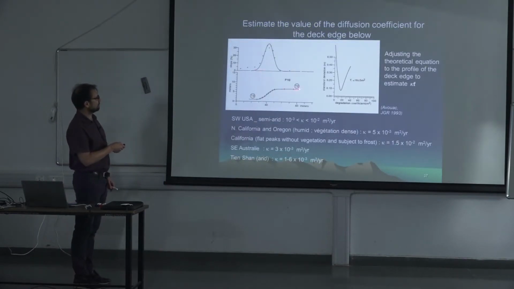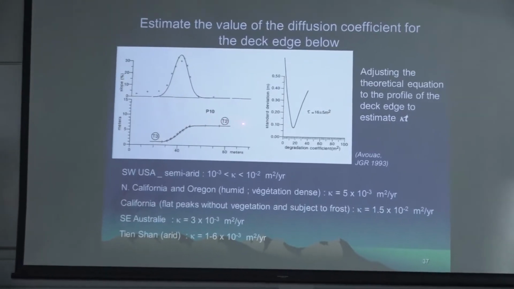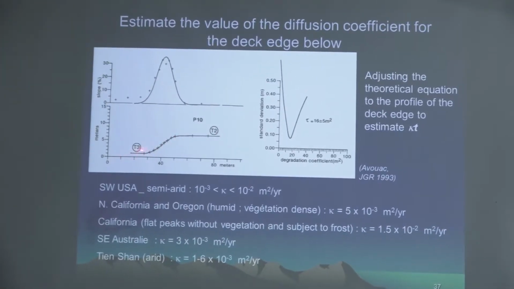You can compare the topography you have measured, the dots and crosses, with the theoretical model given by the previous equation, either the topography or the slope. You can see from the slope that, except in that part, we indeed follow a Gaussian shape.